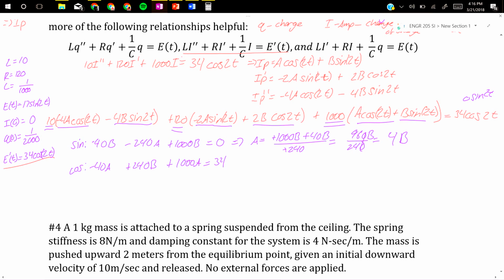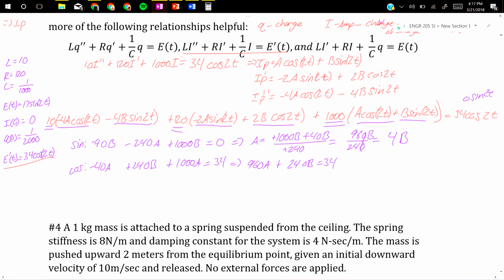All right, so now that we have, sorry, I forgot my b and my 4b. So now we have our a relation, a equals 4b. Now we can plug that back into the cosine equation. So that implies we have 1,000a minus 40a, so 960a plus 240b equals 34.